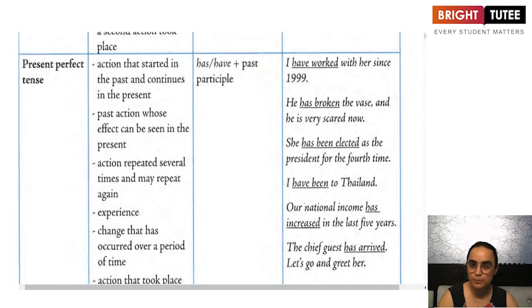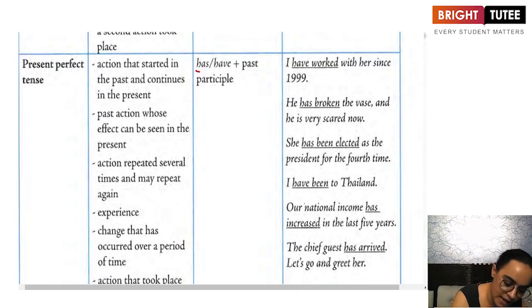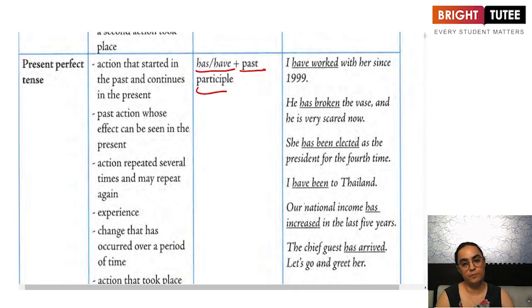Next, we have the present perfect tense. For the present perfect tense, we use has, have, plus the past participle form of the verb. That means the third form of the verb. Have done, has done, have gone, has gone, have broken, has broken, and so on and so forth.